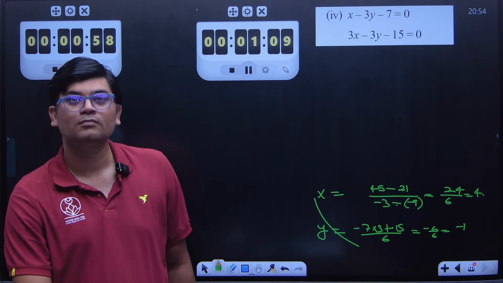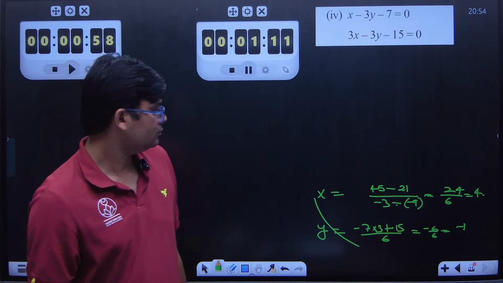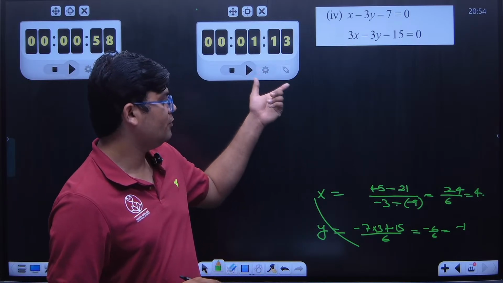Sir, x is equal to 4, y is equal to minus 1. I got it in 1 minute 13 seconds.